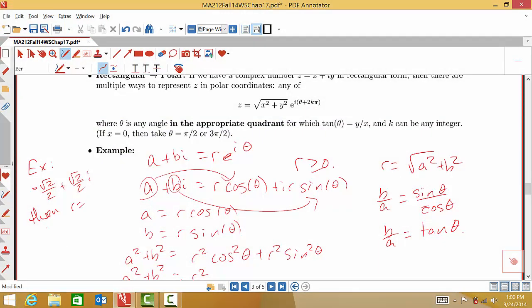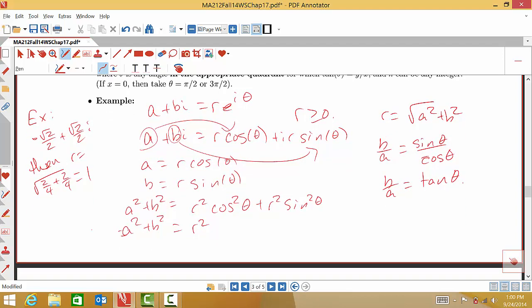What's my r equal to? It's the square root of, I square the first one and I get 2 over 4, and the second one is 2 over 4, so that's the square root of 1, so that's 1. And what else do I have? I have to have tan of theta be negative 1.